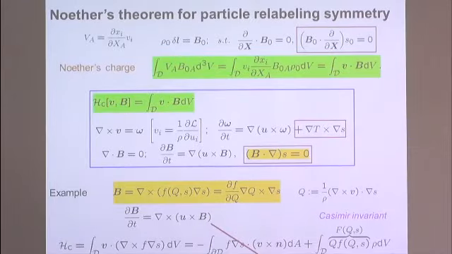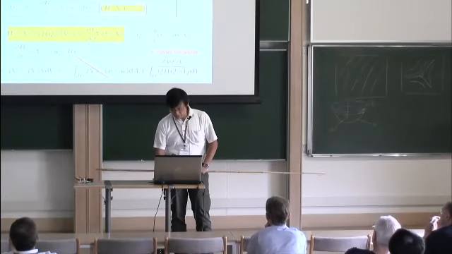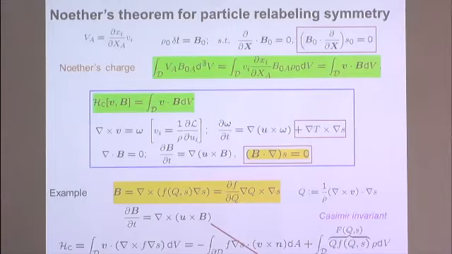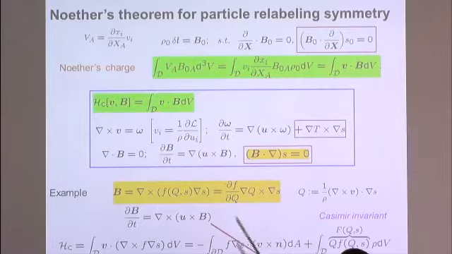So for baroclinic fluid, the invariant associated with the particle relabeling symmetry is a cross helicity. Just this should be not the vector potential for the frozen field.